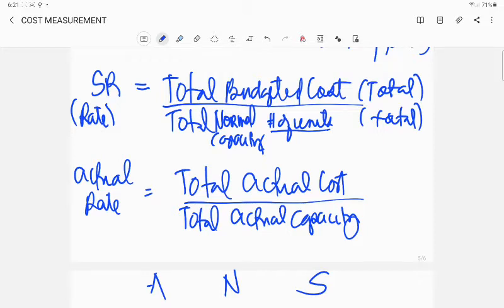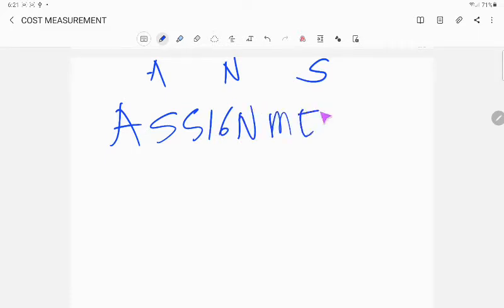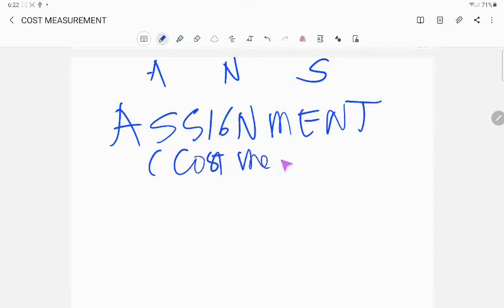So, let's go now to assignment. Okay? And in assignment, sabi ko nga, di ba kanina, parehas lang yan sa measurement. Ang importante dyan ay the cost object.